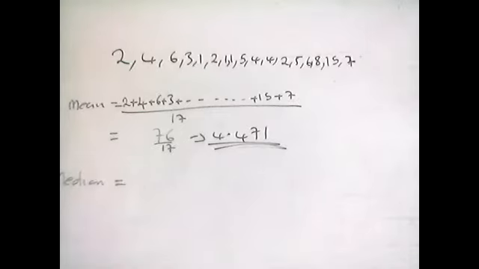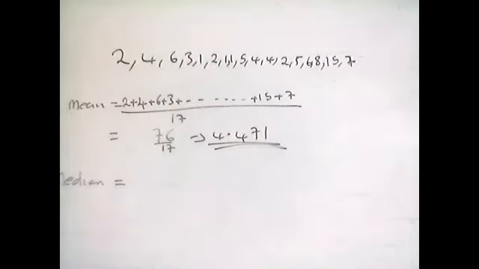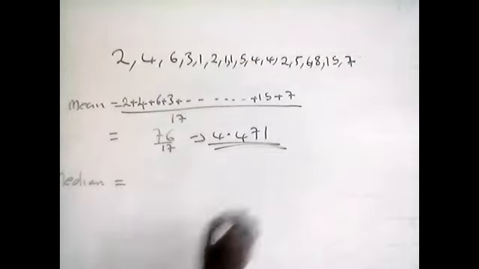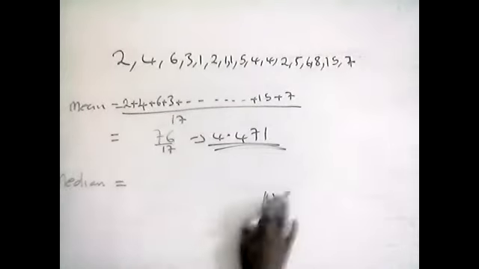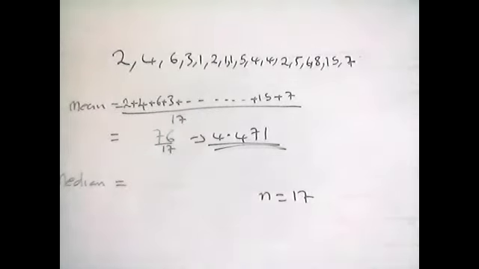And then our median. First of all, we have to look at the data that you've been given. For us to find the median, it's very important to first know our n. Is our n even? Is it odd? Our n in this case is 17, and 17 is odd.